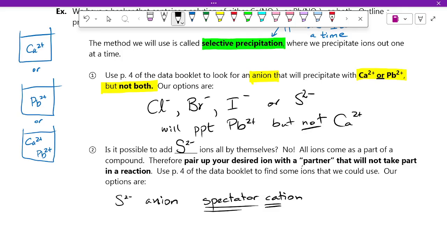You want a partner that will not take part in the reaction. So do you want something that is going to be low solubility or high solubility? You want high solubility. If you want it to be a spectator, you want it to be soluble with everything.